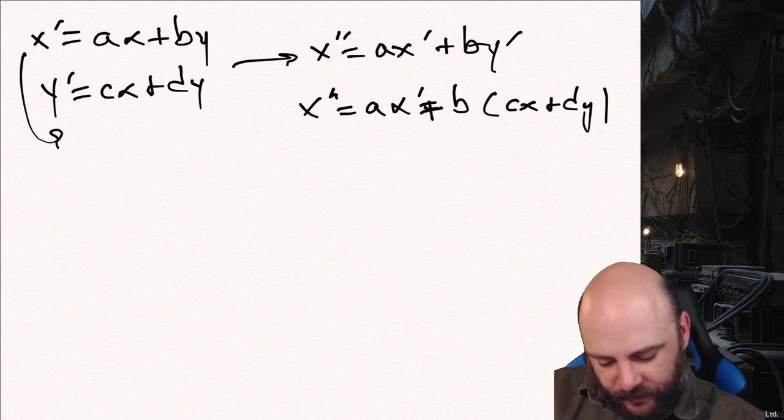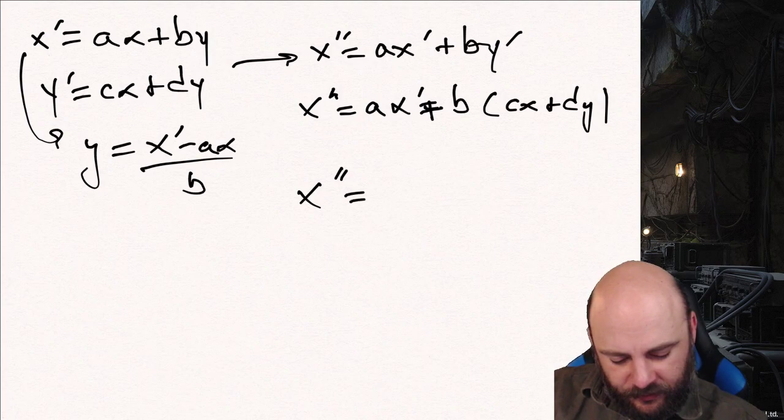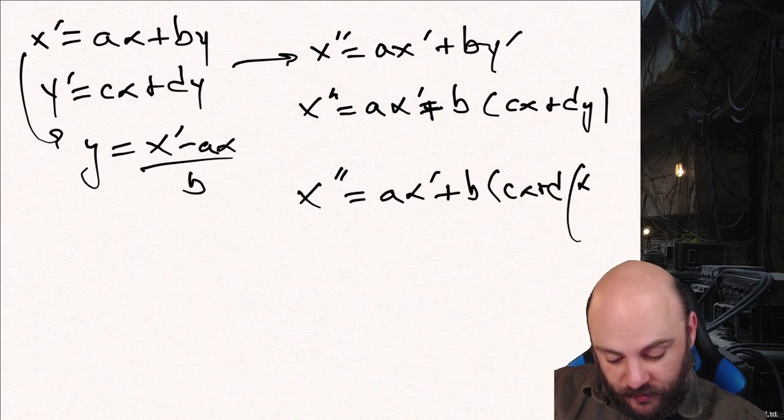Then take my first equation and solve for y in this fashion, and then plug it into here. We've done this before. That's why I'm going fast, because I'm not here to teach it. You can always watch the old videos if you wish to learn it again.